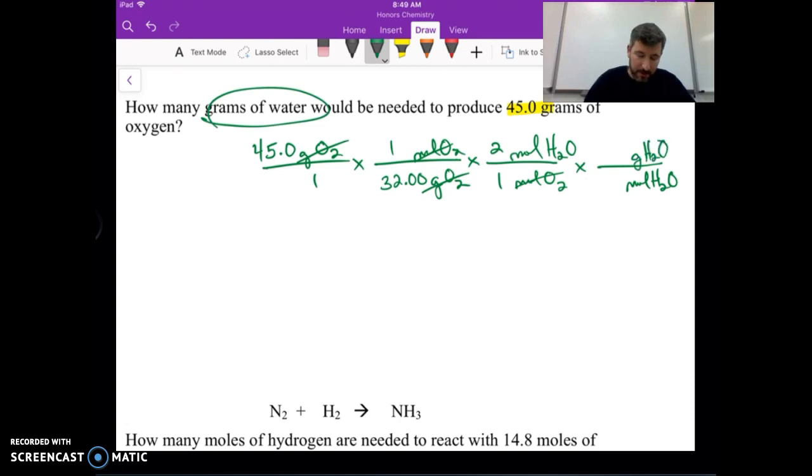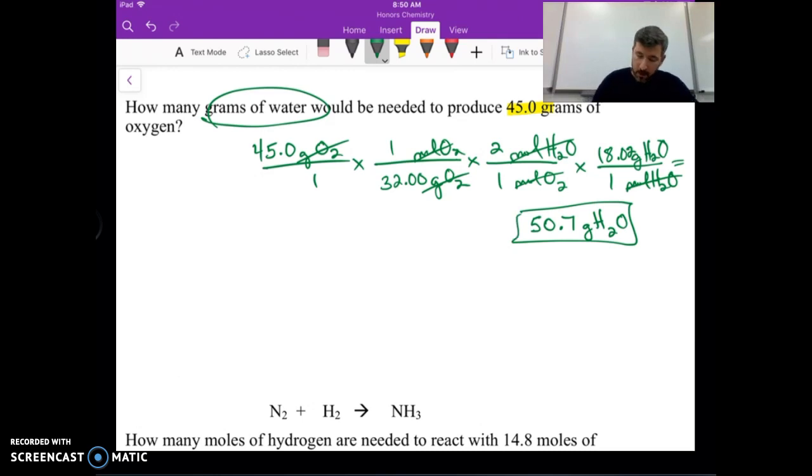Now it's a molecule this time, but that doesn't really make much difference. That just means we have to add up a couple of different molar masses from the periodic table. So 1 mole of H2O should come out to about 18 or 18.02 grams. I'll go ahead and do that math, and that's going to give me 50.68, or rounded to 3 sig figs, 50.7 grams of H2O.